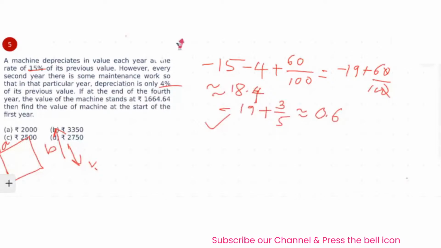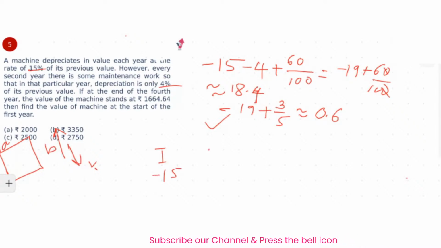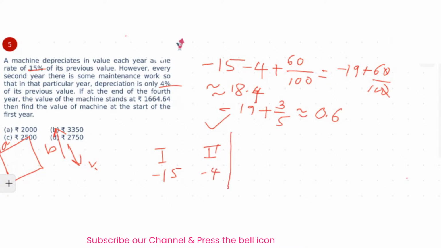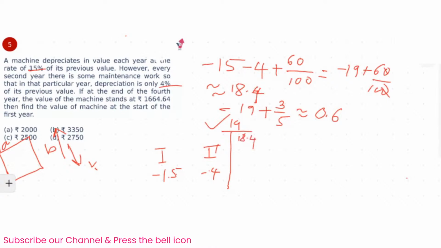So what has happened? For the first year, there was a reduction of 15%. For the second year, there was a reduction of 4%. So at the second year, the value has not reduced by 19%, but it has reduced by 18 point something.